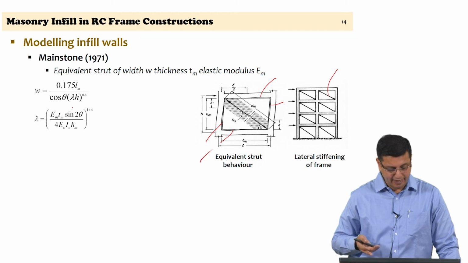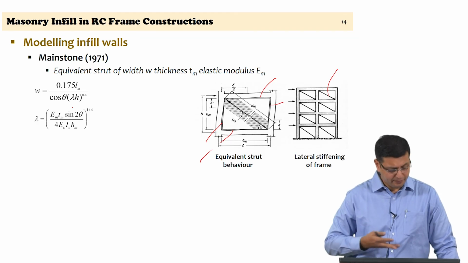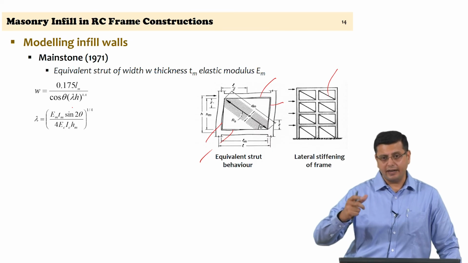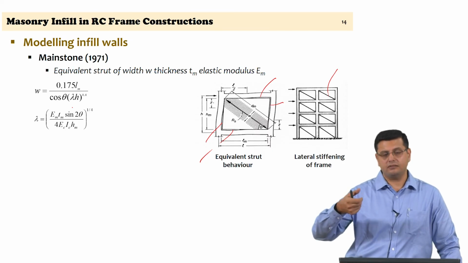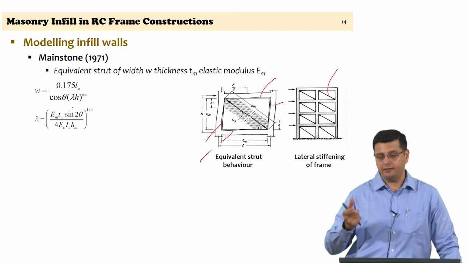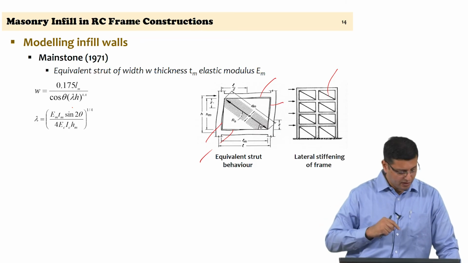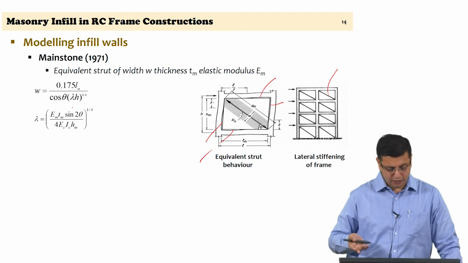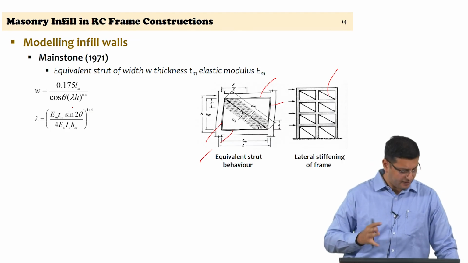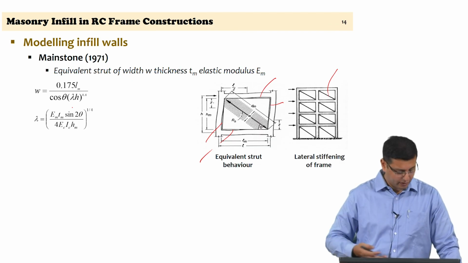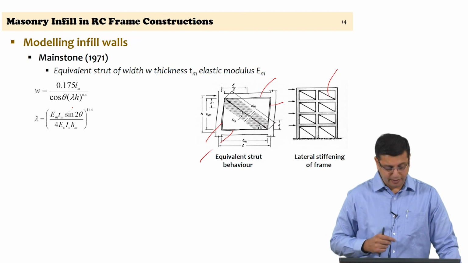So, lambda h is then estimated based on the relative stiffnesses Em to Ec, where Ec is the modulus of elasticity of concrete and Em is the modulus of elasticity of the masonry, and this is arrived at based on observations of the mechanical behavior and also experimental results.